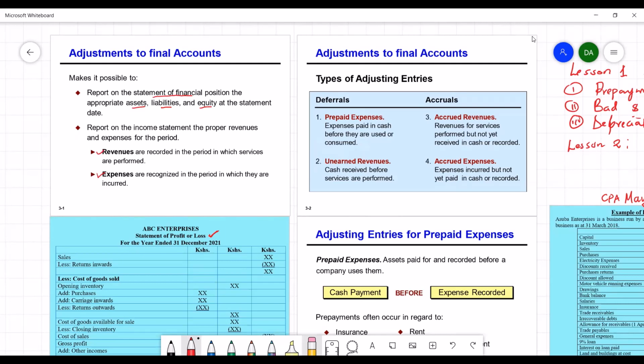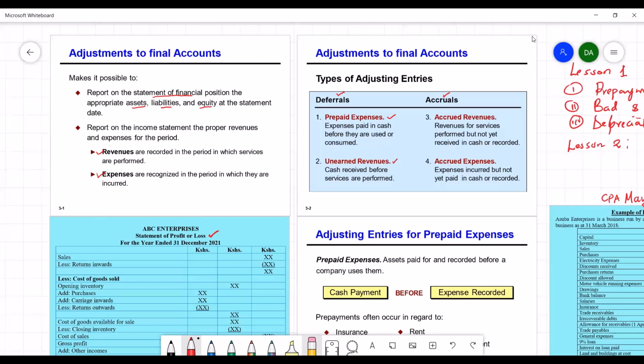In the first adjusting entry, we are going to talk about prepayments and accruals. And these prepayments and accruals are divided into deferrals and accruals. Under deferrals, we have prepaid expenses and also unearned revenue, whereby prepaid expenses are expenses paid in cash before they are used or consumed.